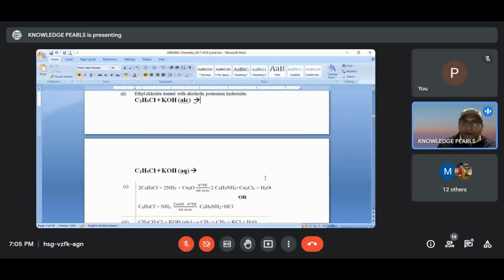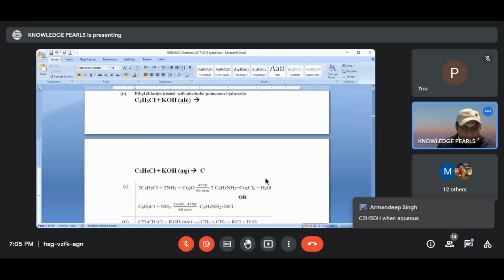If you are writing in the chat box, it would be great. Or you can speak. When aqueous is there, C2H5OH, right? Those who are telling will be gaining, and those who keep their mouth shut will be under the fear of whether it is right or wrong. This is the point.